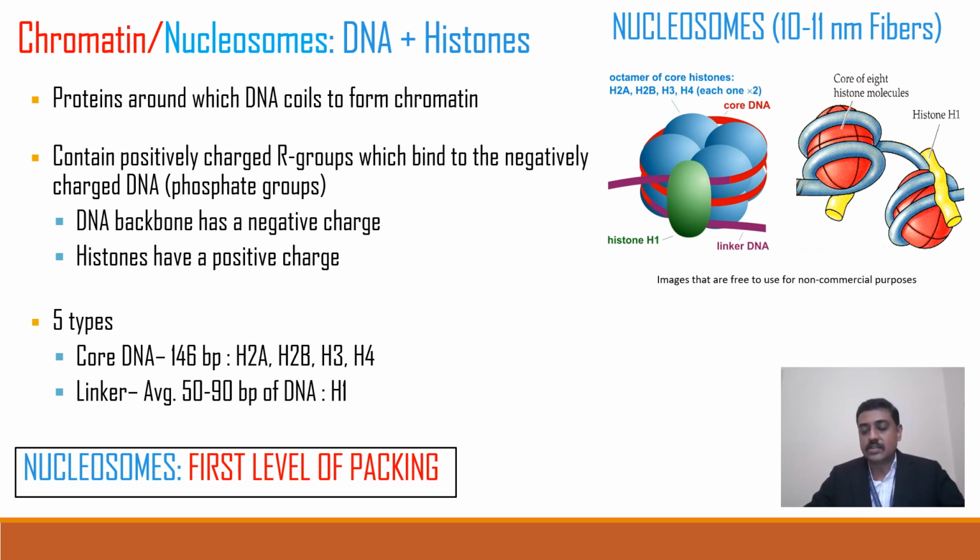And you can also see the same linker DNA being represented between the two components of your nucleosomes, wherein both the nucleosomes are separately held together by the DNA from falling apart by the respective linker H1 components of histones. This represents the first level of packaging of the DNA, or the folding of the DNA.